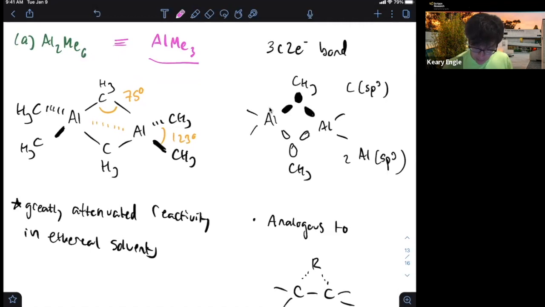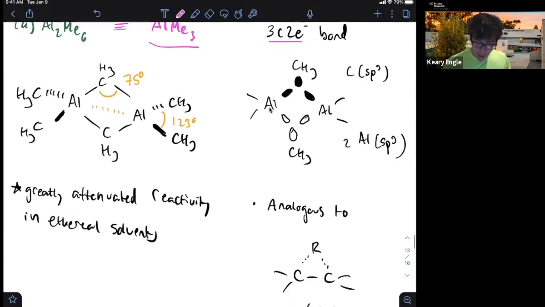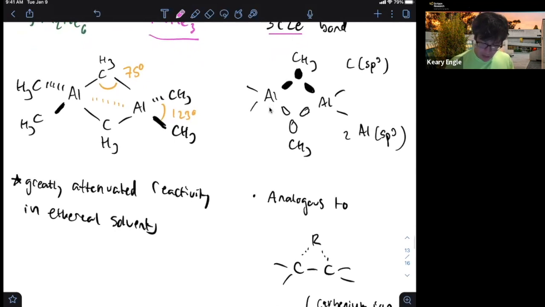But here it's allowed because the type of bonding at play here is a 3-center 2-electron bond, depicted with the MO representation shown here.